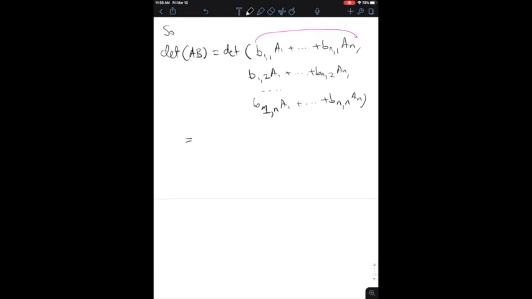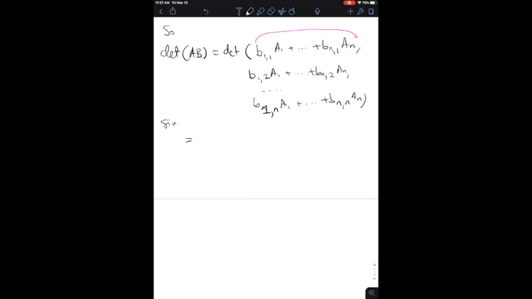Okay, so now we've got something like this, but what is very helpful is to recall that determinant is a multilinear alternating function. And we've already worked out how the value of a multilinear alternating function changes when you take linear combinations of the entries.